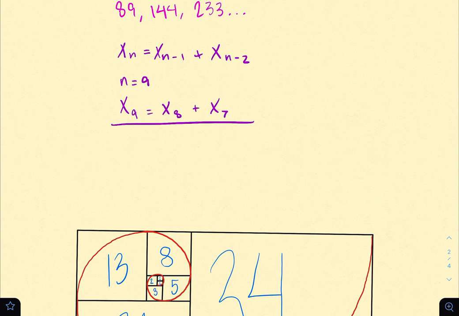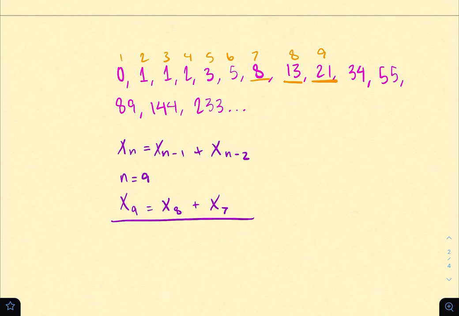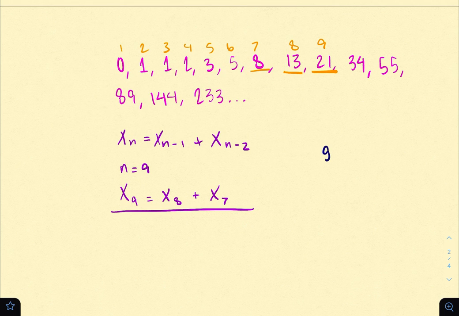Now, if you divide any two successive Fibonacci numbers, you will get a number which is very close to 1.618. 1.618 is the golden ratio.